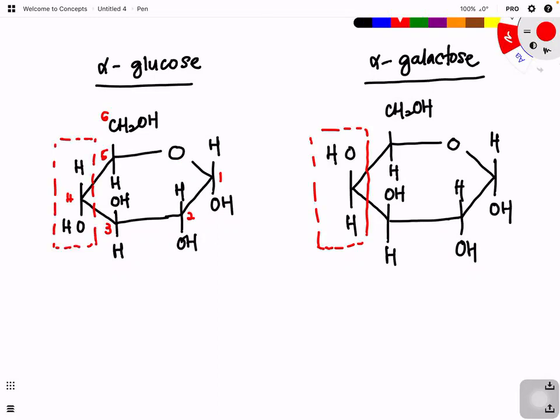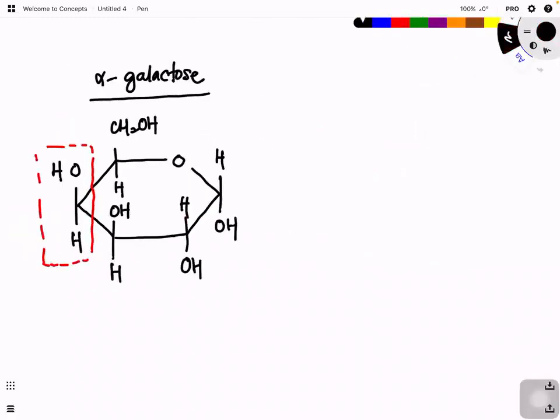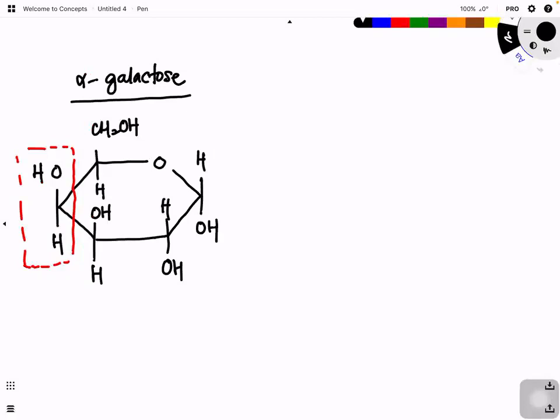Okay, so what is the beta galactose? You look at the beta galactose. You can get it now. When you compare alpha galactose and beta galactose, it is easier to compare at carbon number 1, but the OH group is now above the ring for beta galactose.